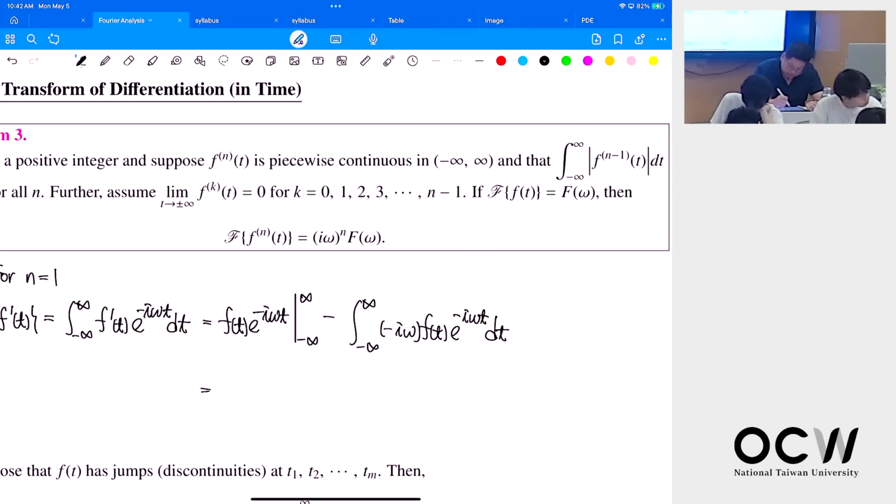Then you have i omega times the integral of f of t e to the minus i omega t dt, and this is the Fourier transform.